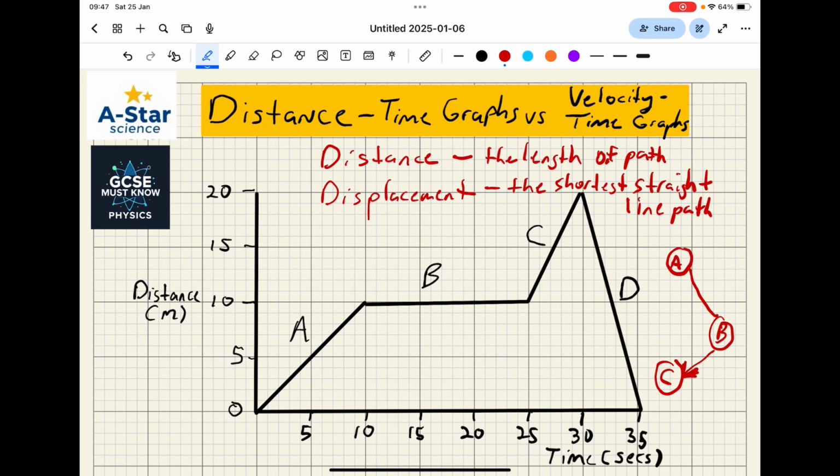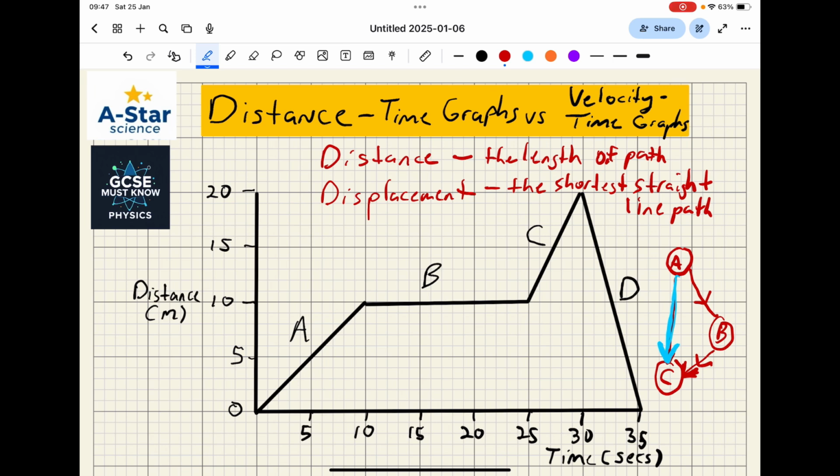But once they arrive there, their displacement, which I'm going to do in blue, is the shortest straight line path. So the distance is in red, the length of the path that they took, but the displacement is what we have here in blue, the shortest straight line path.